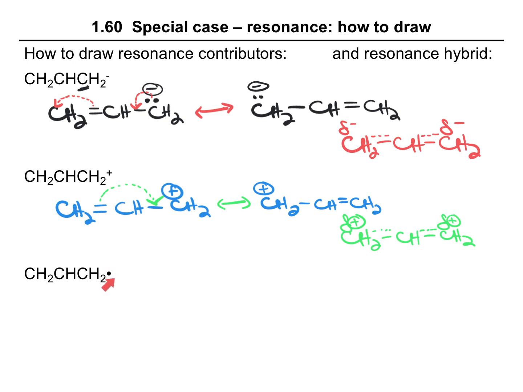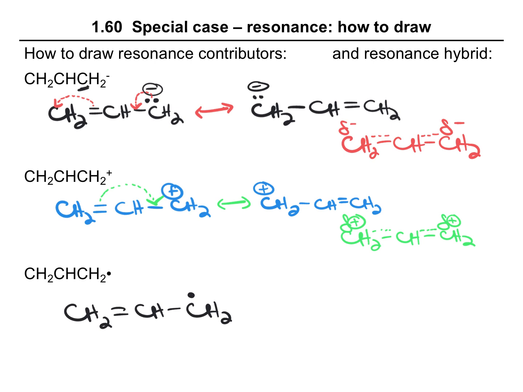We have an unpaired electron. So we can draw this as CH2 double bonded to CH, single bonded to CH2, and there is an unpaired electron on the carbon.